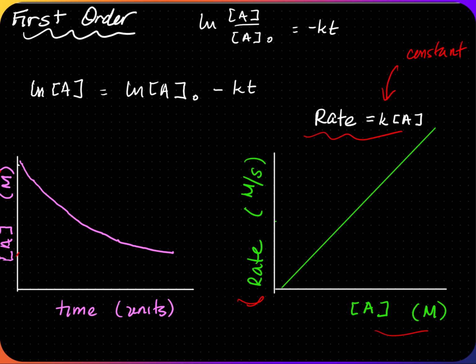If I take the integral of the rate equation, I will get the integrated rate law, which is written as ln concentration of A at some time t is equal to ln concentration of A naught minus kt. Remember that ln is natural log and not log. You will also see the equation written in this format.